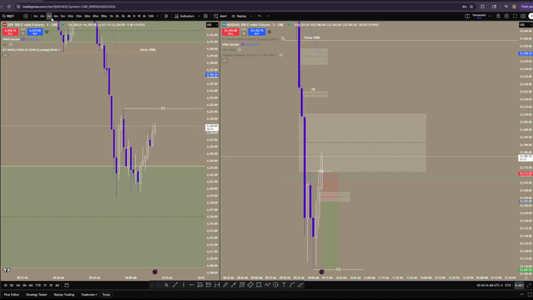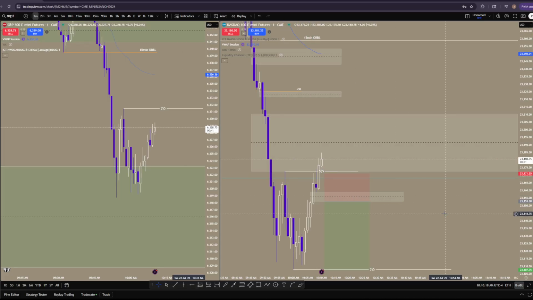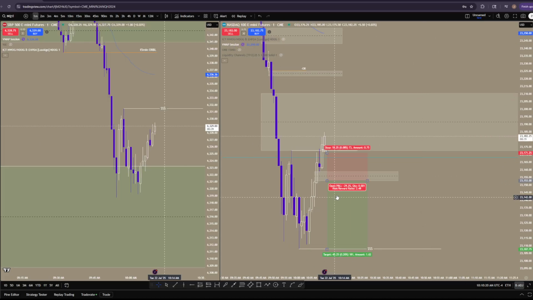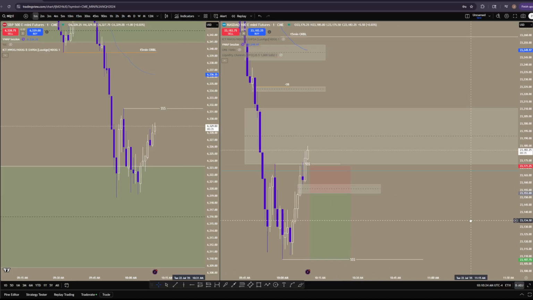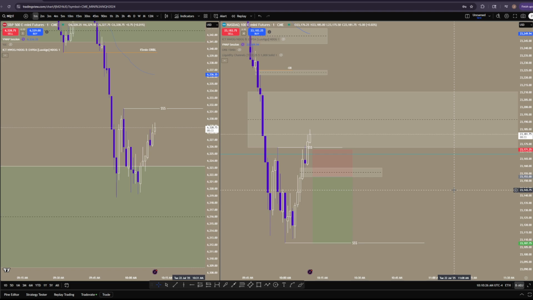If that's the case, then yeah, I could actually think about longing it back up. We are losing a lot of selling pressure here. They just continue to move these orders higher and higher and higher.